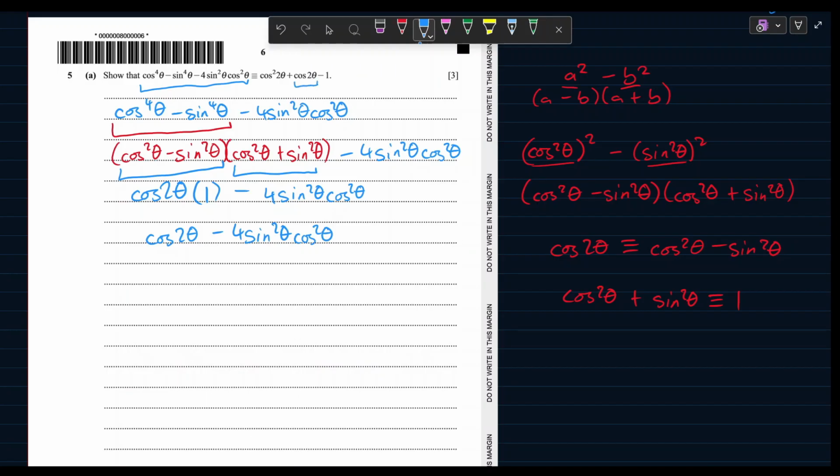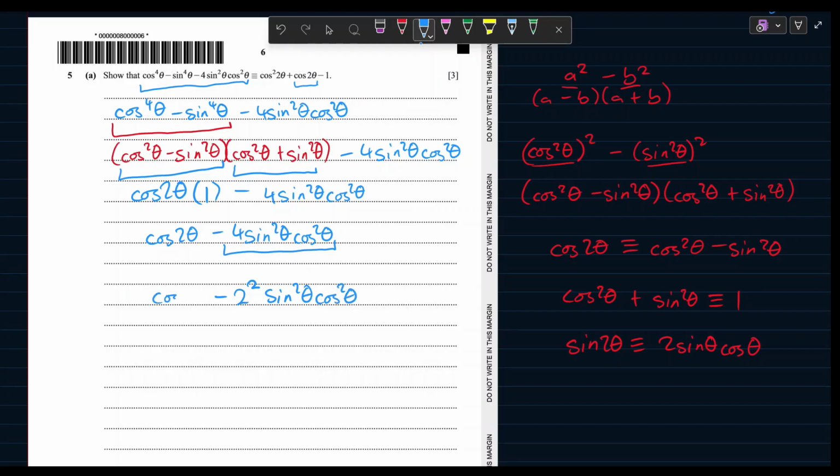So somehow this part is supposed to generate cos squared 2 theta minus 1. And I am noticing similarities with the double angle formula for sine 2 theta, which can be written as 2 sine theta cos theta. So notice how this can be written as minus 2 squared sine squared theta cos squared theta.